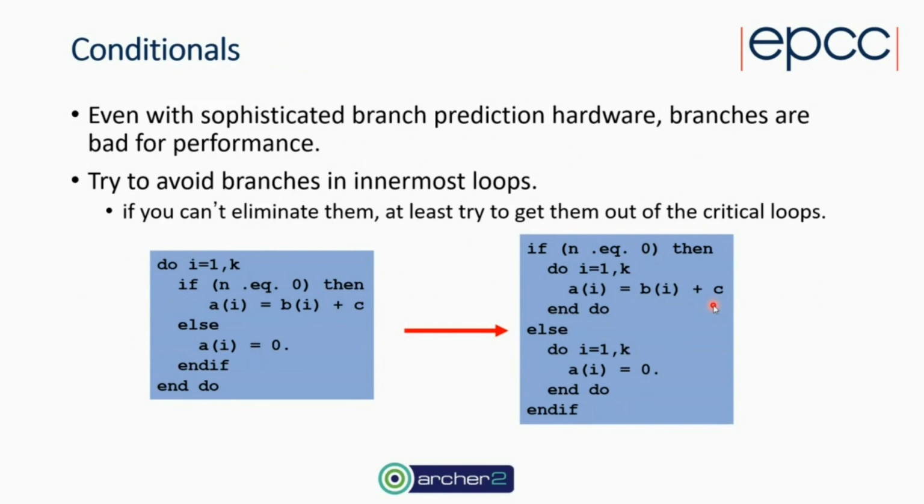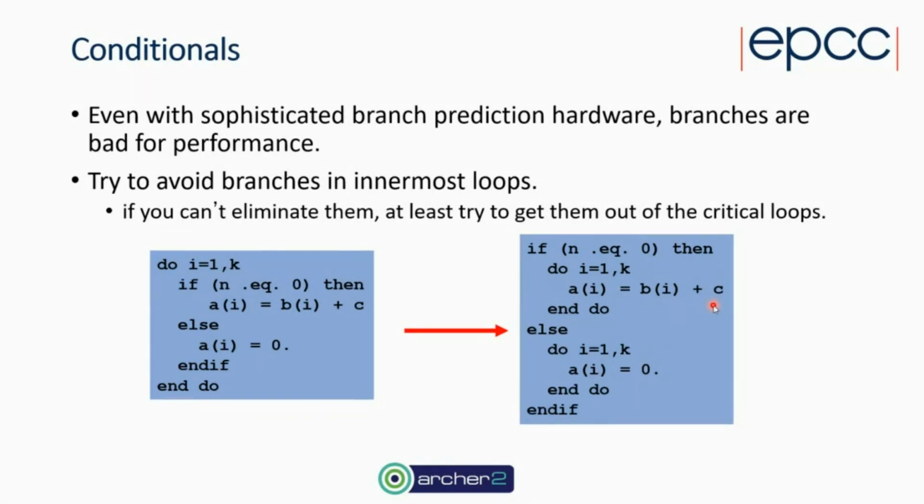But even then, it's likely to have performance impacts, particularly if branches are called very frequently, and particularly if the outcome of those branches is quite random. I appreciate it's code so it's not going to be truly random, but I mean non-uniform in the outcomes.